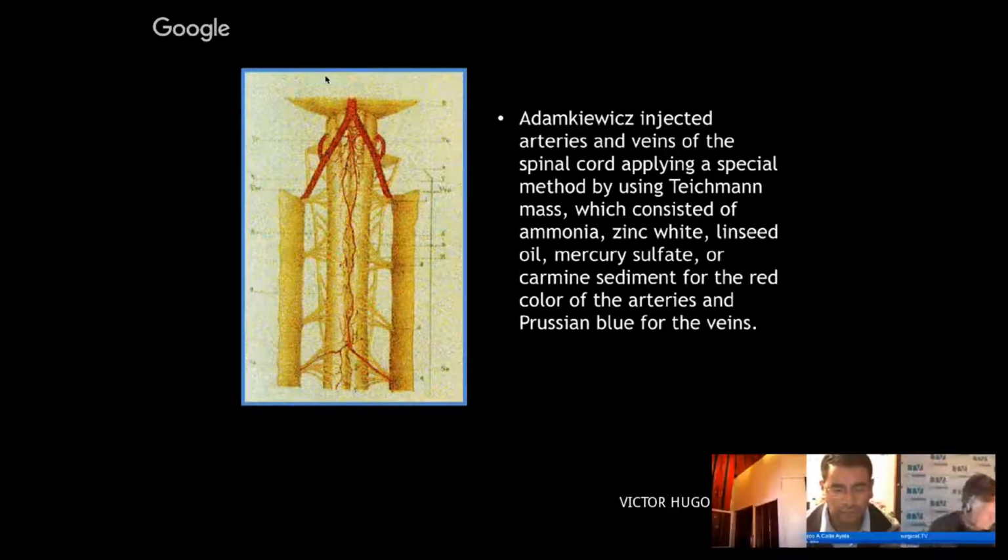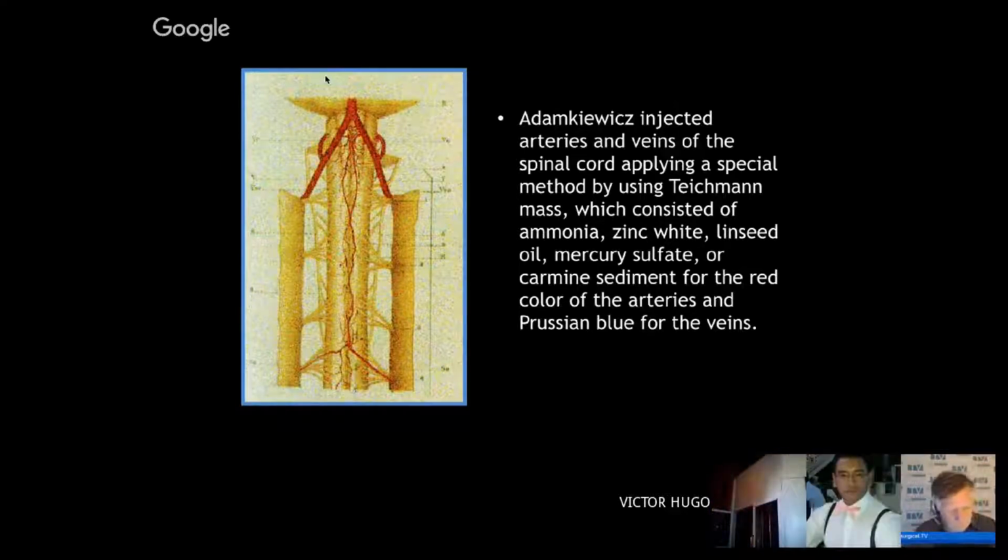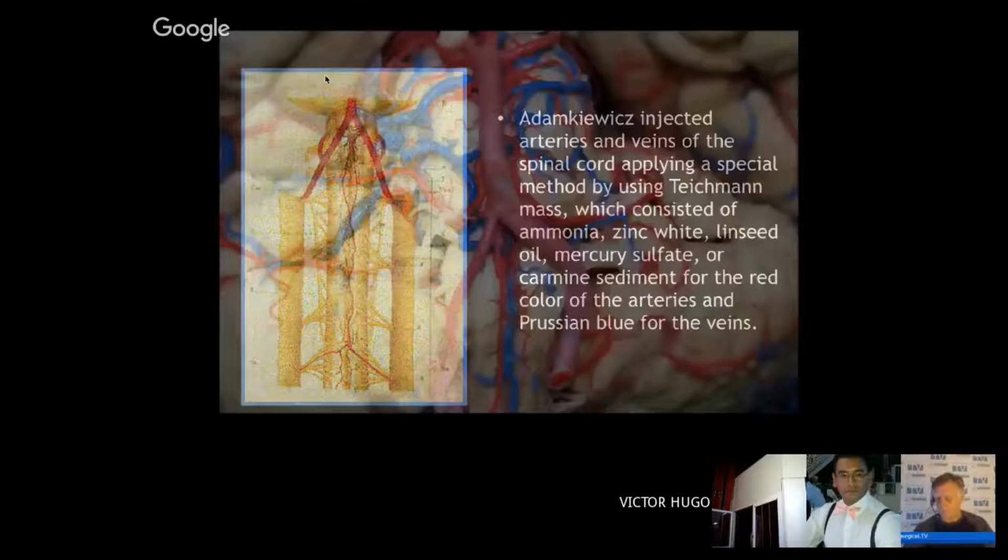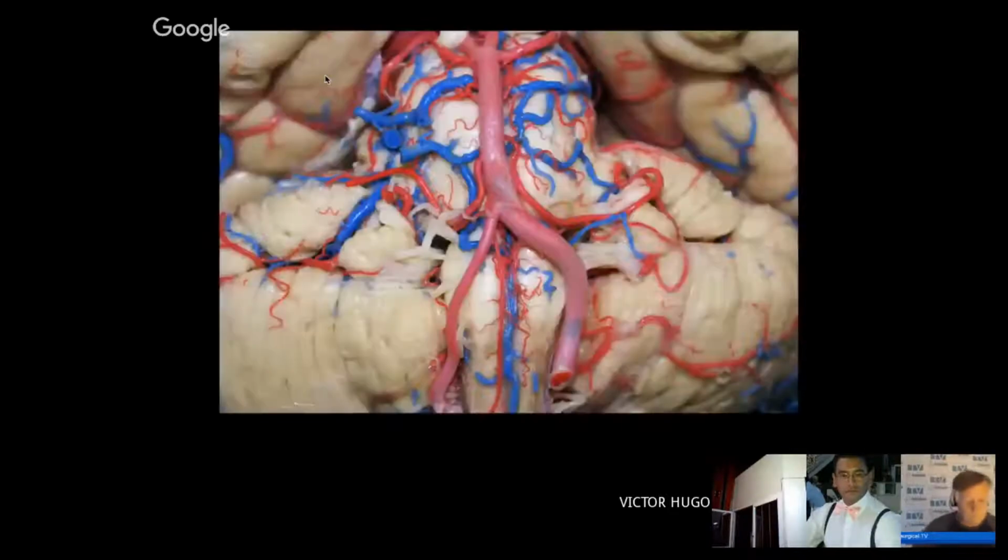This is a drawing that he did after his injections. In this drawing, you can see the vertebral arteries and the anterior spinal artery. Now we are doing the same, but with a special silicone injection in red color for arteries and blue for veins.